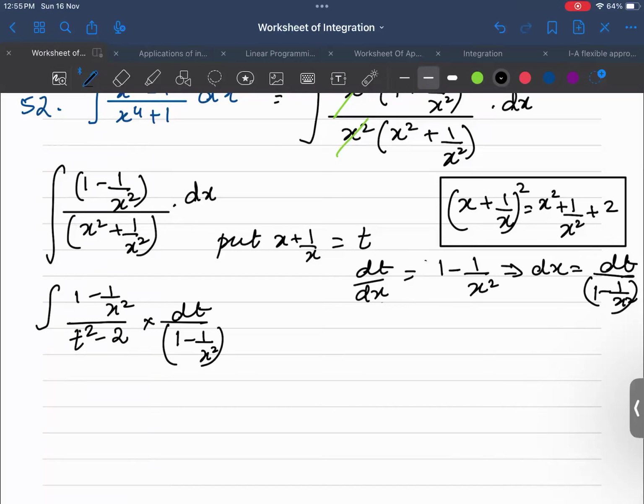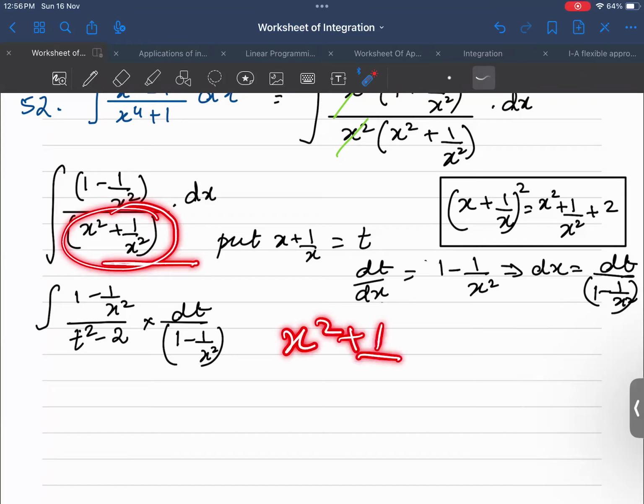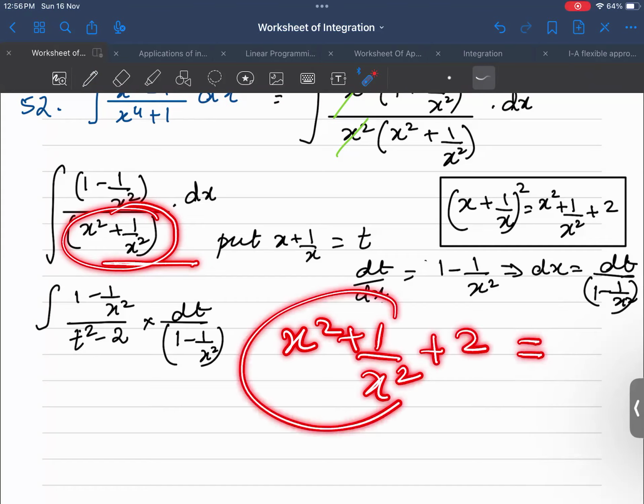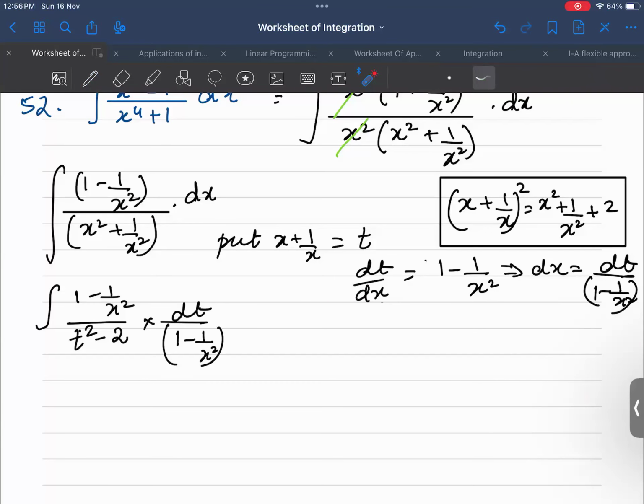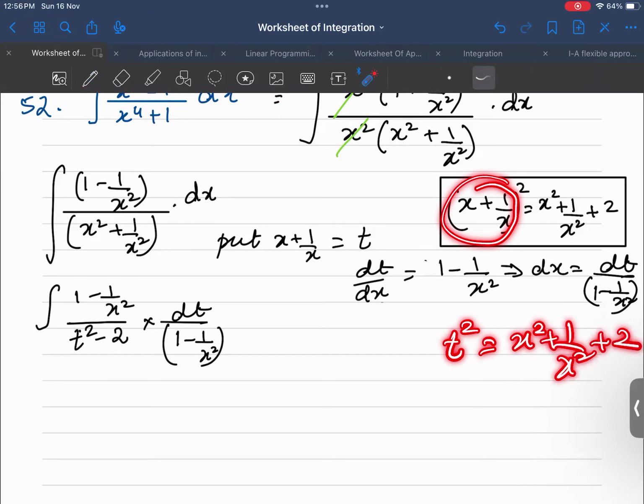How have we written it? See, this is x square plus 1 square. We know x square plus 1 upon x square plus 2 is equal to x plus 1 upon x whole square. So I can say for x plus 1 upon x, t square equals x square plus 1 upon x square plus 2. So I can say x square plus 1 upon x square is t square minus 2.